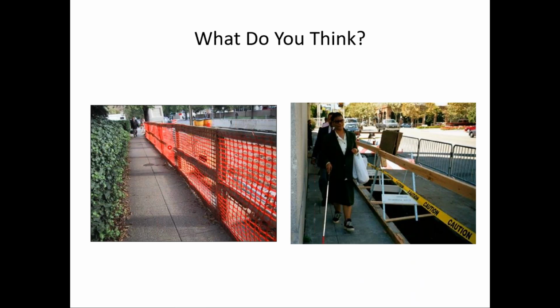So if you use this approach, I would say it's important that you educate the field crews that they need to pay attention to make sure that that stuff stays taut and doesn't start sagging. But what we see here, in my opinion, this would be an acceptable detectable edging. And in fact, it looks like they could maybe disassemble these and maybe reuse them on other job sites. So any questions or comments on that?